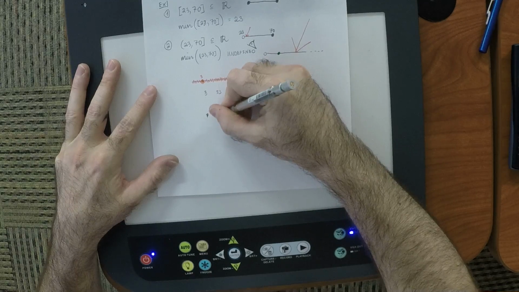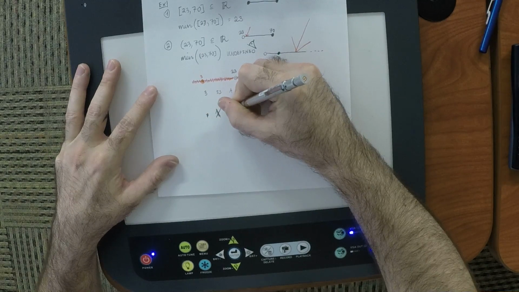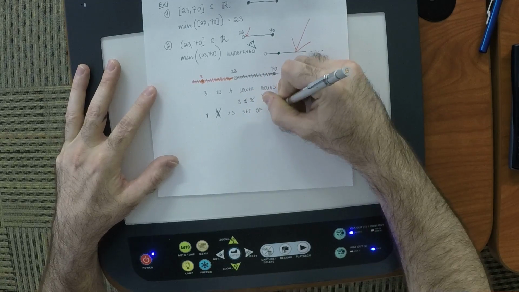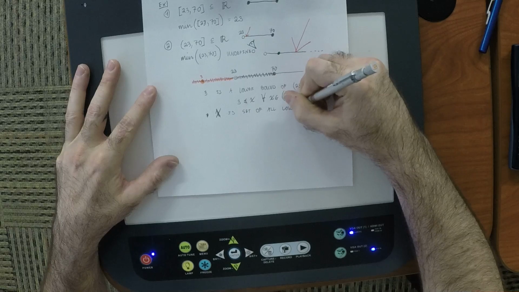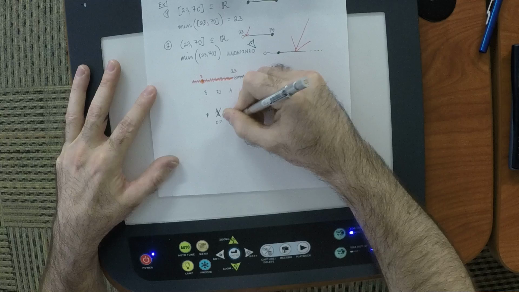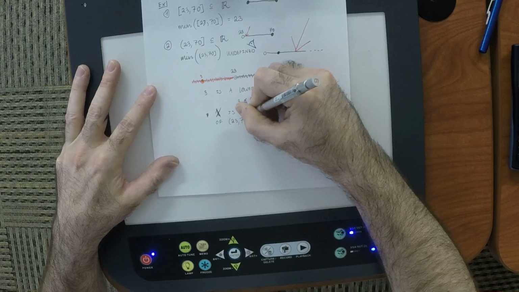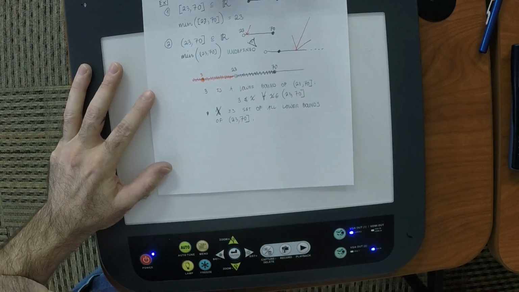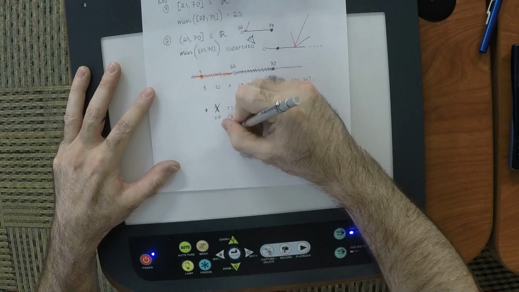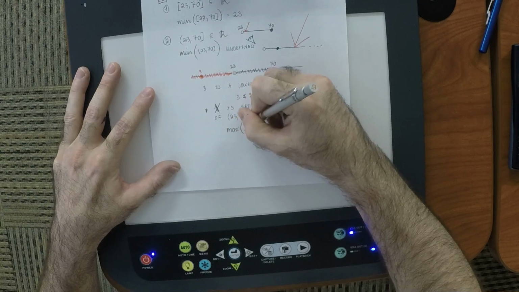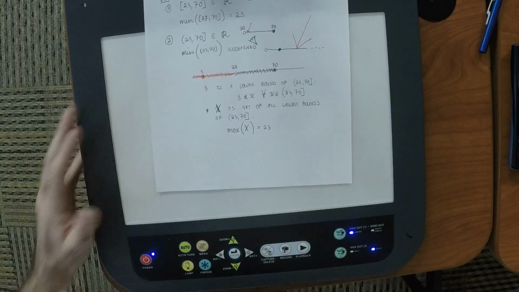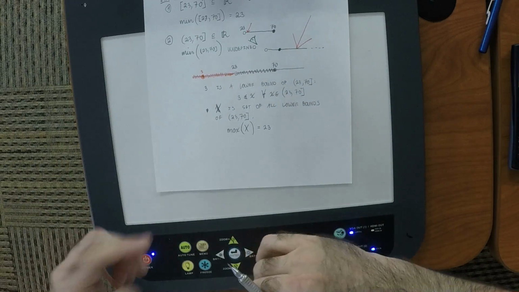If I say that big X is the set of all lower bounds of (23, 70), which is to say the red, then the maximum of X exists. The maximum of X is what? 23. And that concept is called the inf of a set.